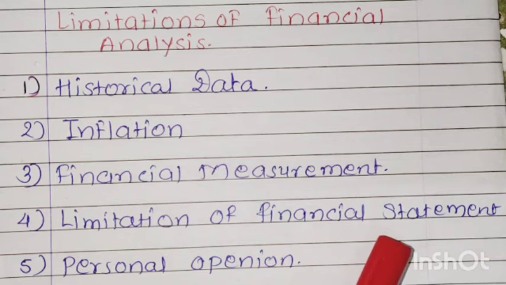limitation of financial statement. The operation of analysis is done on the basis of information provided in financial statements. The correct and fair analysis and interpretation are entirely based on information disclosed in the financial statement. There is a direct relation between true and fair information and effective and efficient analysis.